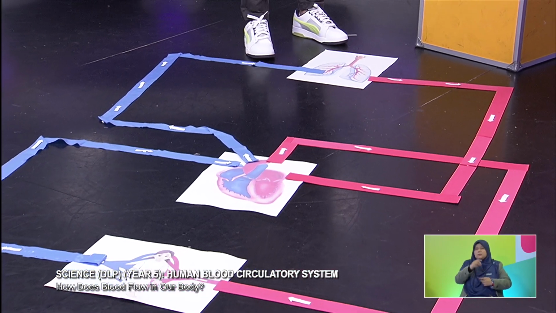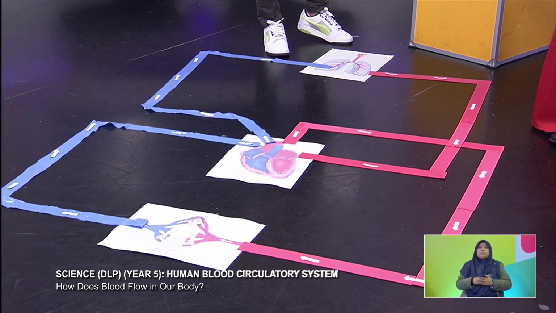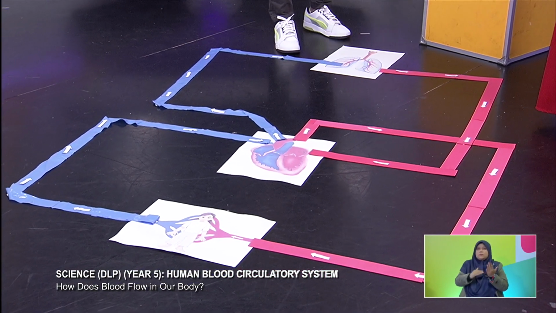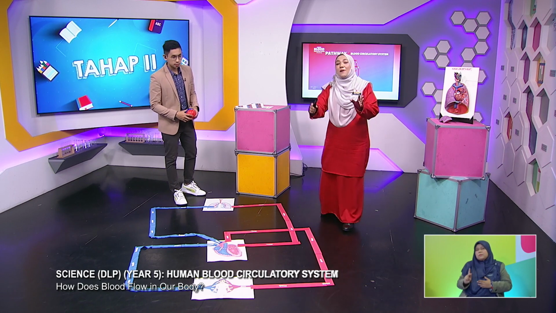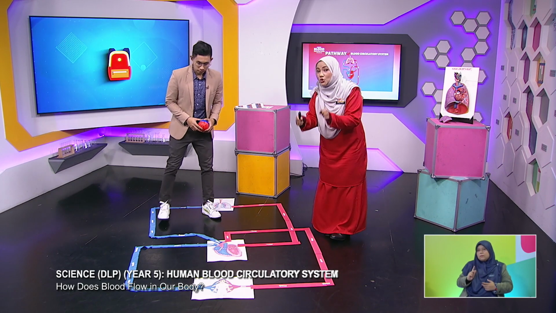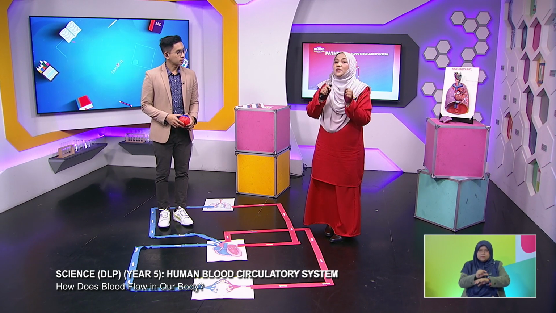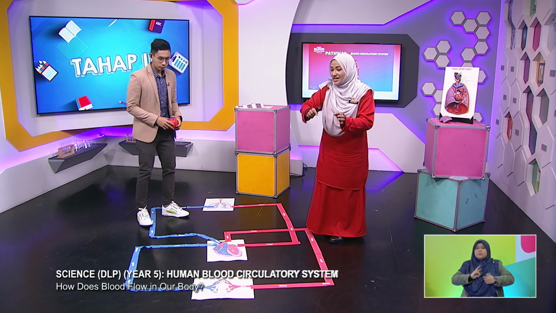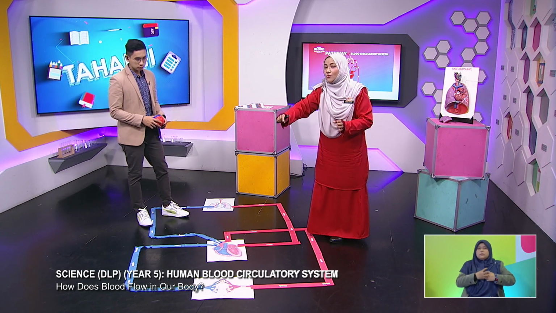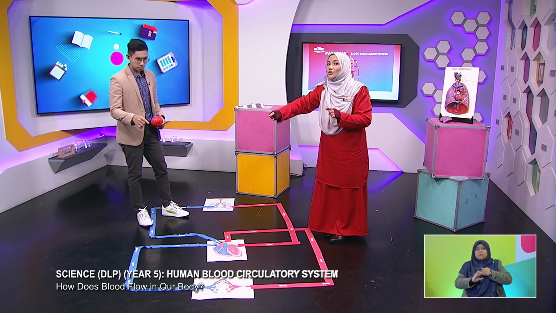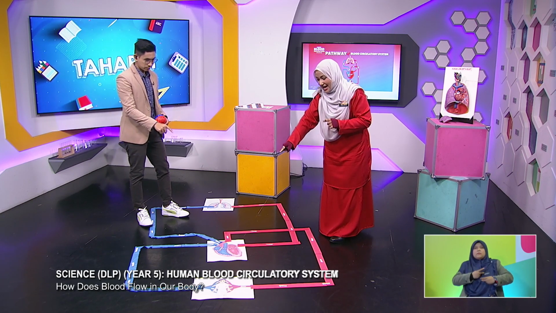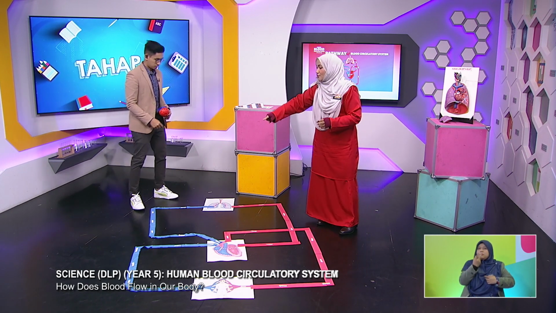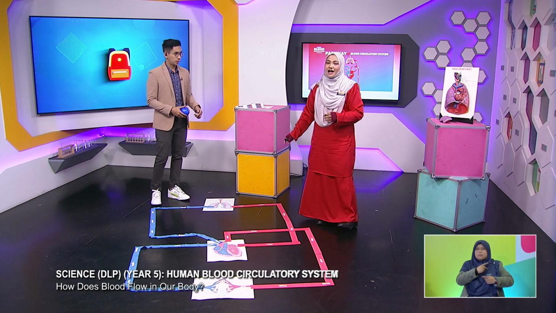Because, like I said, we need the energy, the power. So from the heart, it will pump and then go through to other parts of the body. At the other parts of the body, when the oxygen has been used up, it will be exchanged to carbon dioxide. Then the other vessel will take the blood with more carbon dioxide back to the heart, and the heart will pump it back to the lungs.